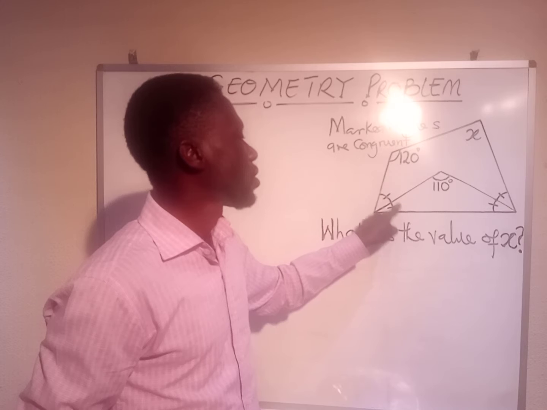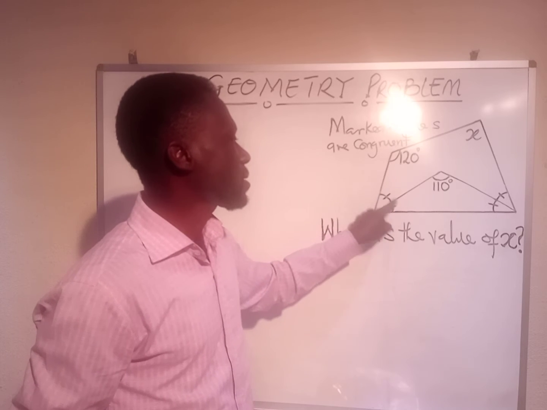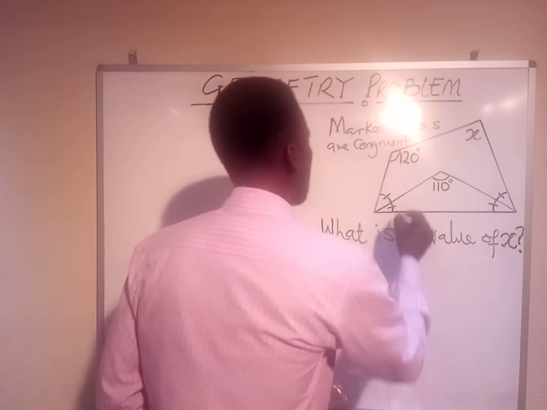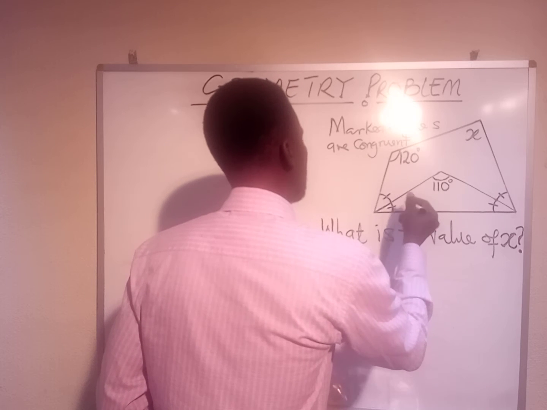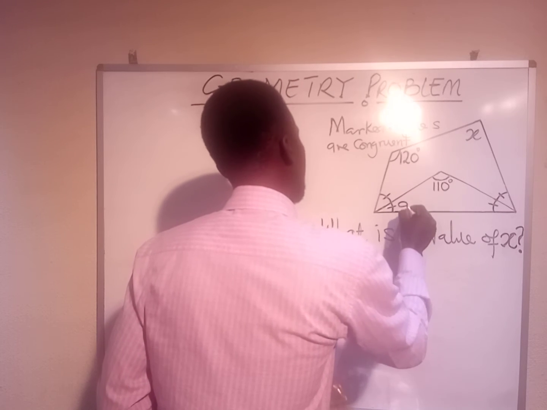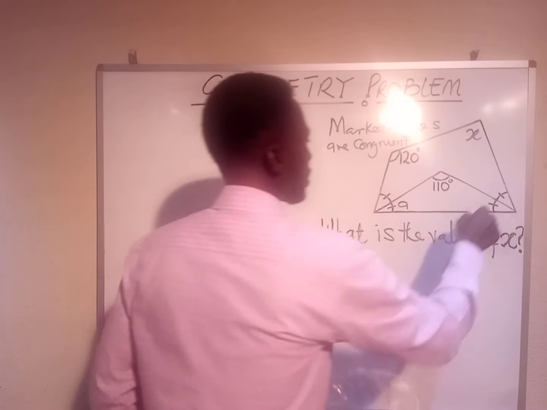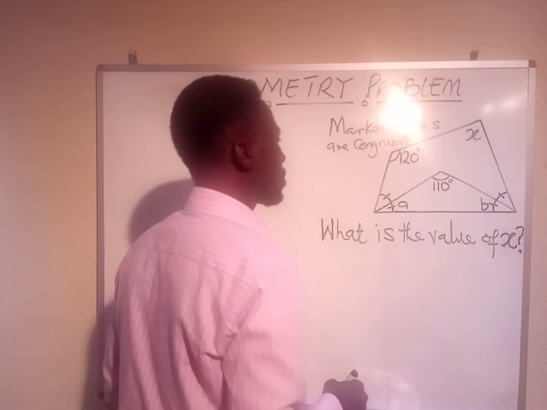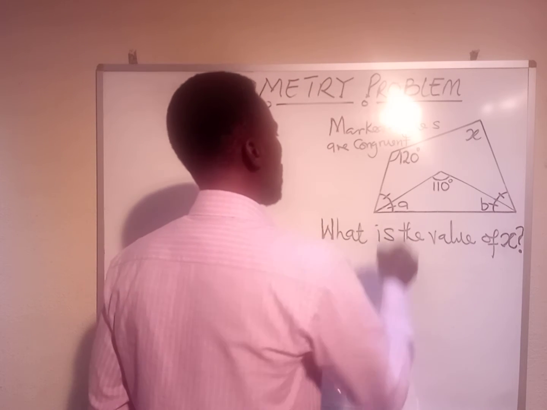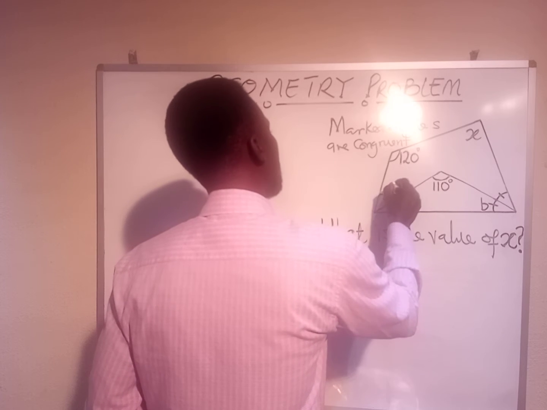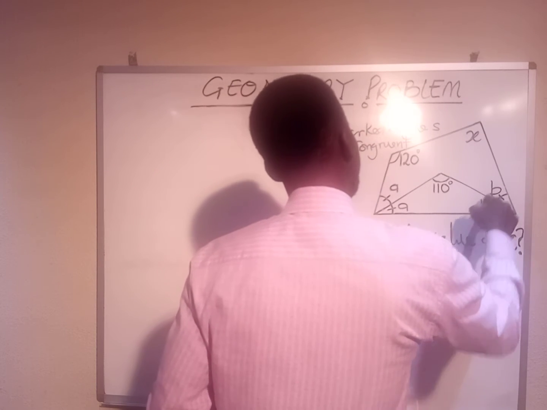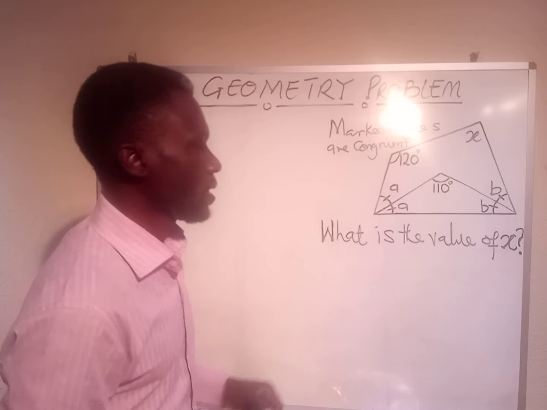So let's denote these angles by some letters. All right. Since we are told that they are congruent, let's put here A, and then let's put here B. So it follows that we shall put here also A, and then also B, because we are told that they are congruent.